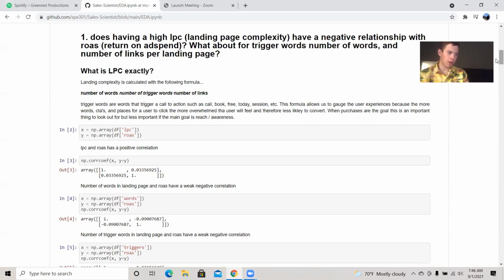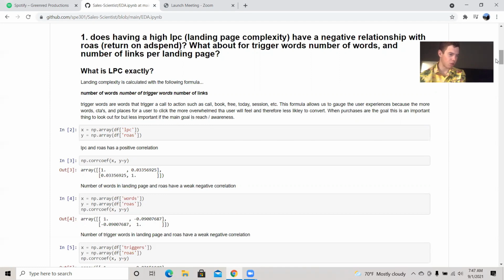The way you calculate landing page complexity is you take the number of words in the landing page times the number of trigger words, which are words that trigger a call to action, like buy, today, now, call, book, session, etc. And then you have links, which is the number of places the user can click. So if you've got get the free ebook, book a session, attend a webinar, read the blog, all these links versus just buy.